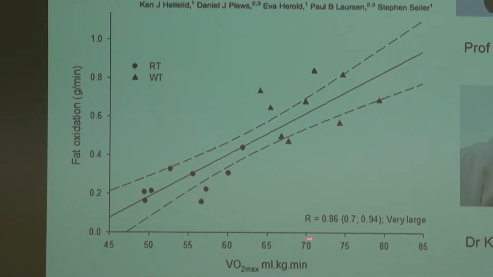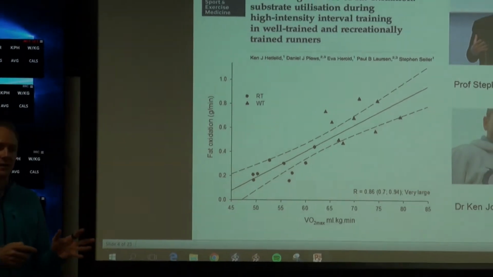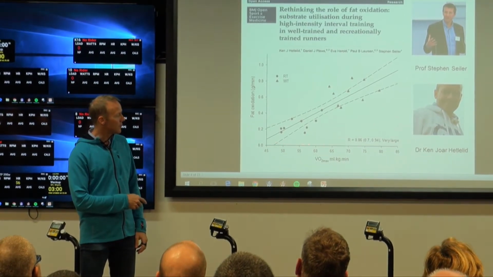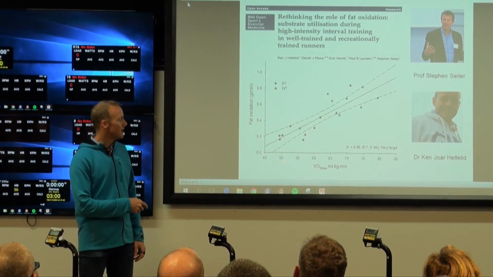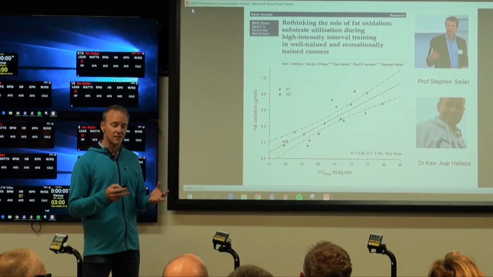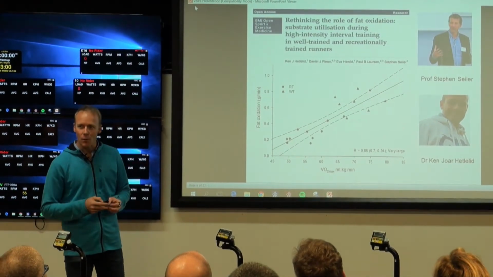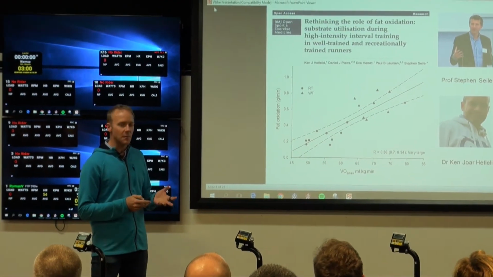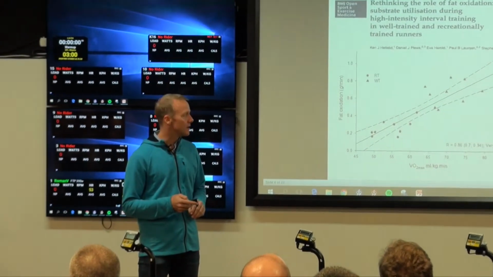So basically the higher your VO2 max, and we are looking across a group of both recreationally trained and elite runners, we found a direct relationship between the amount of fat that these individuals could burn and their VO2 max. It was very strongly predictive of their high intensity VO2 max performance. And that really hadn't been that well understood until this paper came out, and it somehow seems to have been forgotten a little bit in some of the research that's out there.